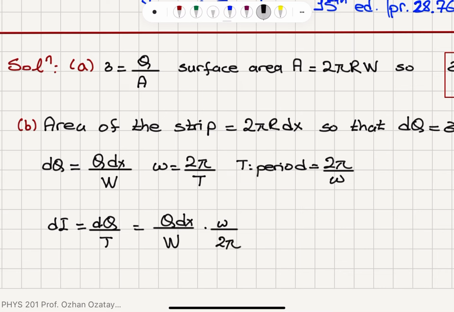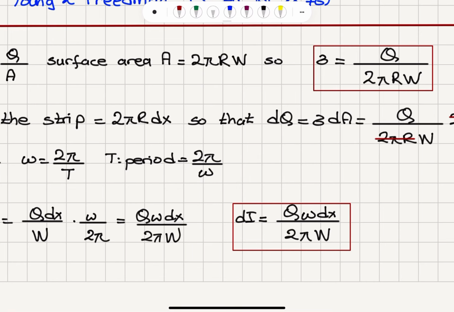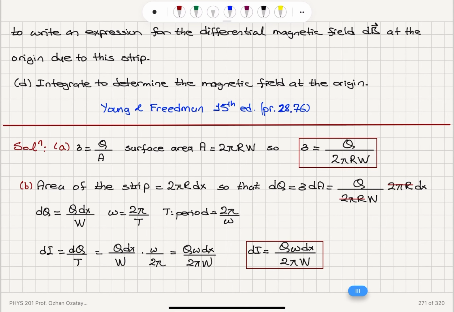So this gives us Q omega dx divided by 2 pi W. Let's rewrite this answer. The current carried by this strip, dI, is equal to Q angular speed omega dx divided by 2 pi W. So that's the answer to part B.